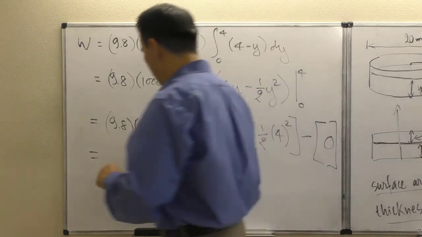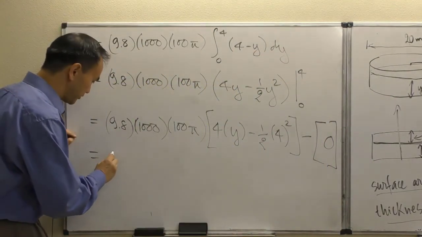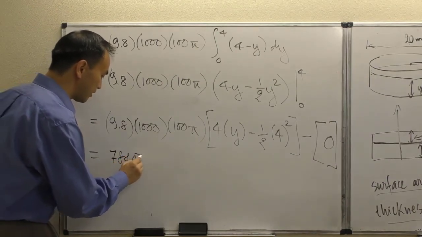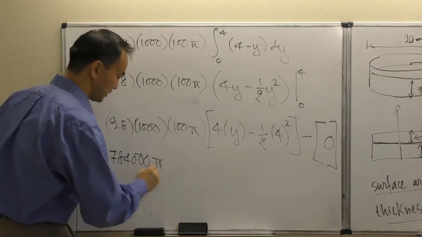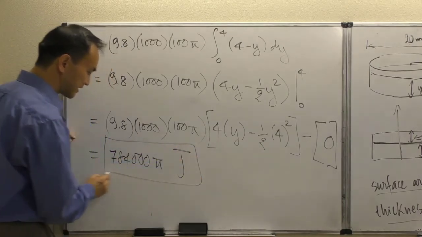Our final answer in exact expression came out being 784,000 pi, all in joules. That's the exact expression.